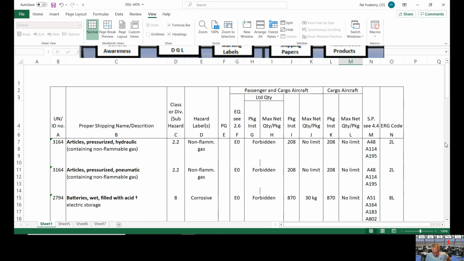So it takes you to A48. Here's a great special provision for the struts. A48, packaging tests are not considered necessary. Yay, okay, I don't have to do a test on these, or once I have them, I don't have to do anything else for them. I can just use the proper class 3 in this situation, packing group 3 material.